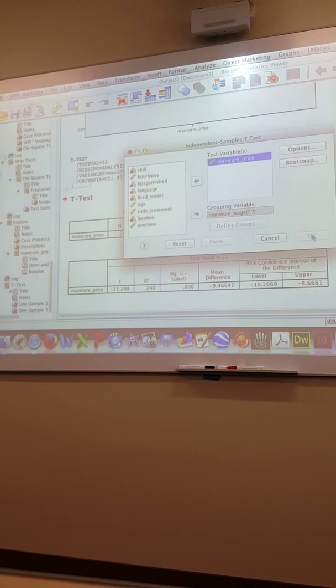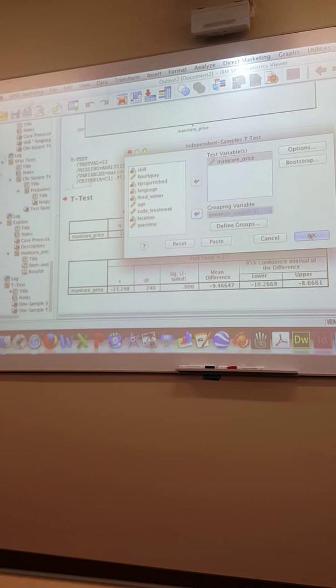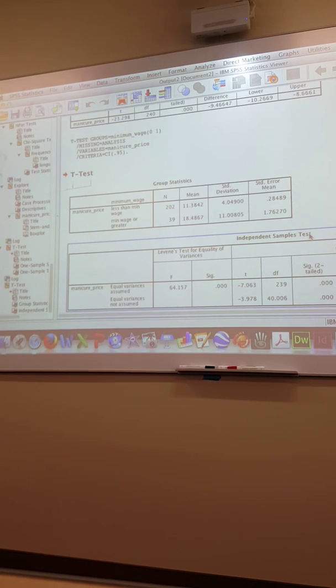And manicure price is the test variable. I think here it's 0 and 1. All right. So let's take a look at this. People who work for less than minimum wage work in salons where the mean is around $11.38 for a manicure.